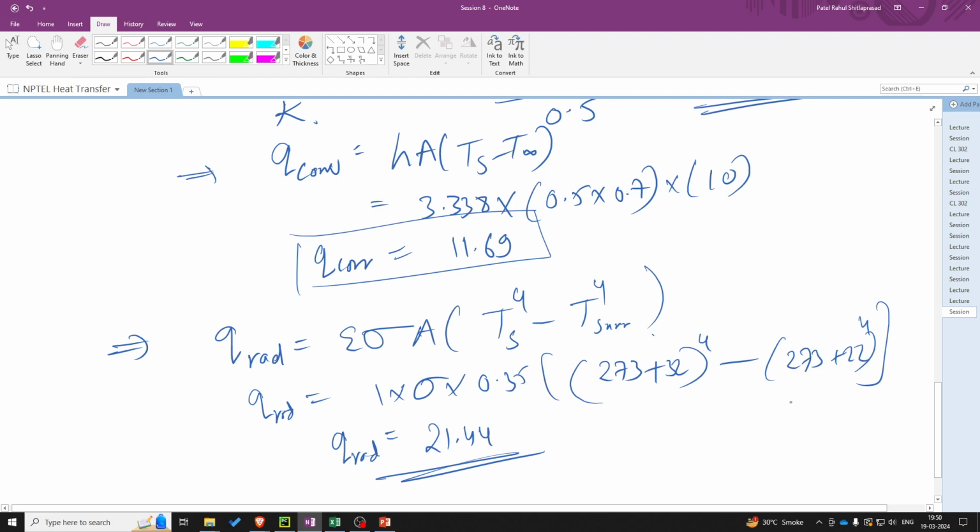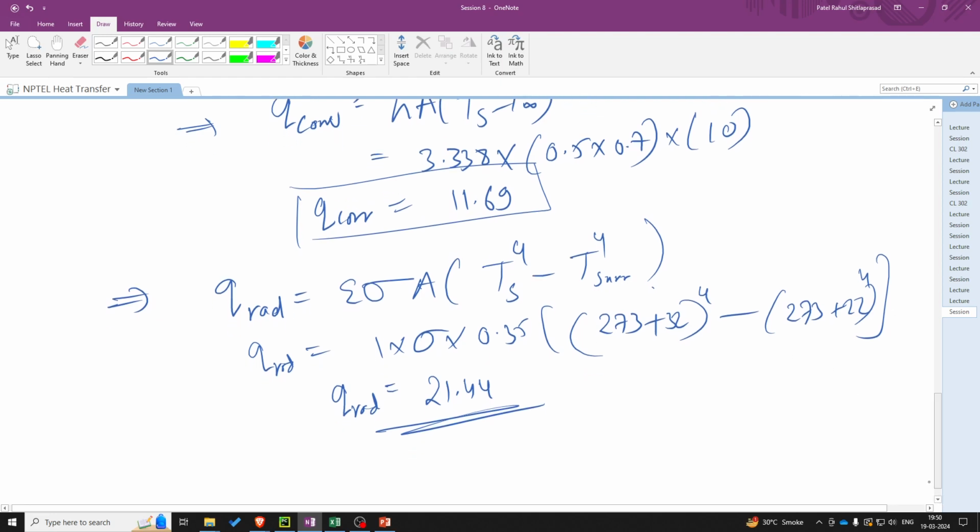So yes, the ratio that was asked was convective to radiative, that is Q convection upon Q radiation. So it will come around 11.69 upon 21.44. So this comes around approximately 0.5.